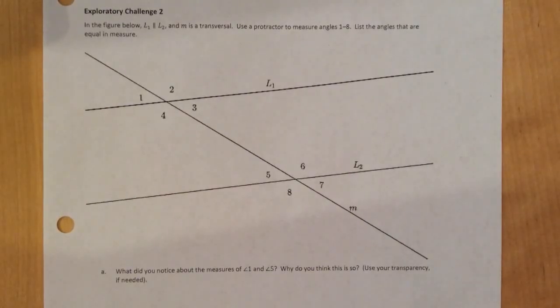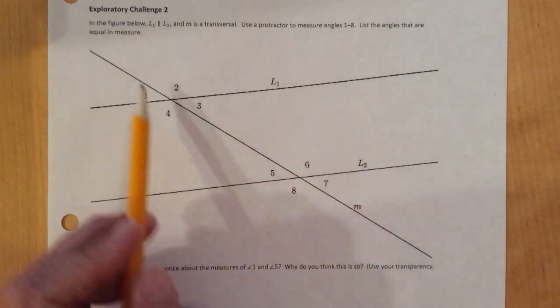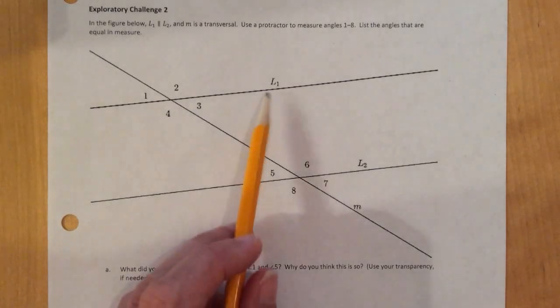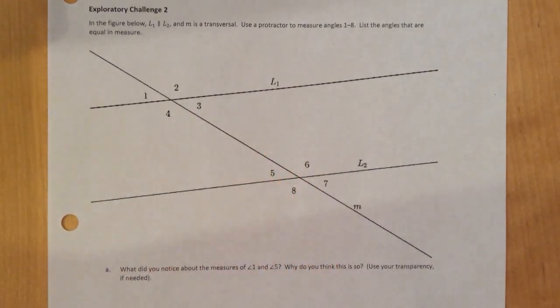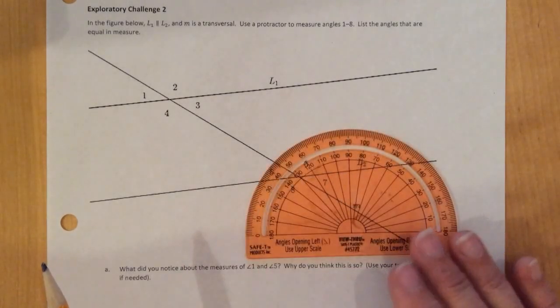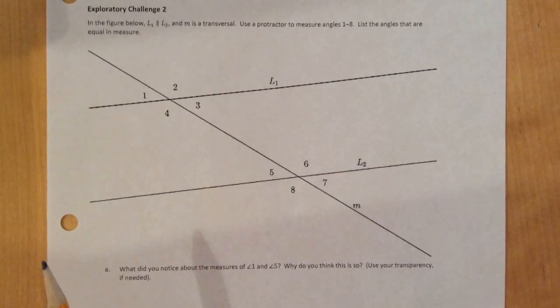Okay, in this next exploratory challenge, we have a similar diagram with two lines cut by a transversal, M. But in this case, notice that lines L1 and L2 are parallel. So we're going to do the same thing we did in the first exercise where we measured all the angles. We're going to measure them again. So get out your protractor. You can pause the video and go ahead and measure the angles, and then we'll check them together.